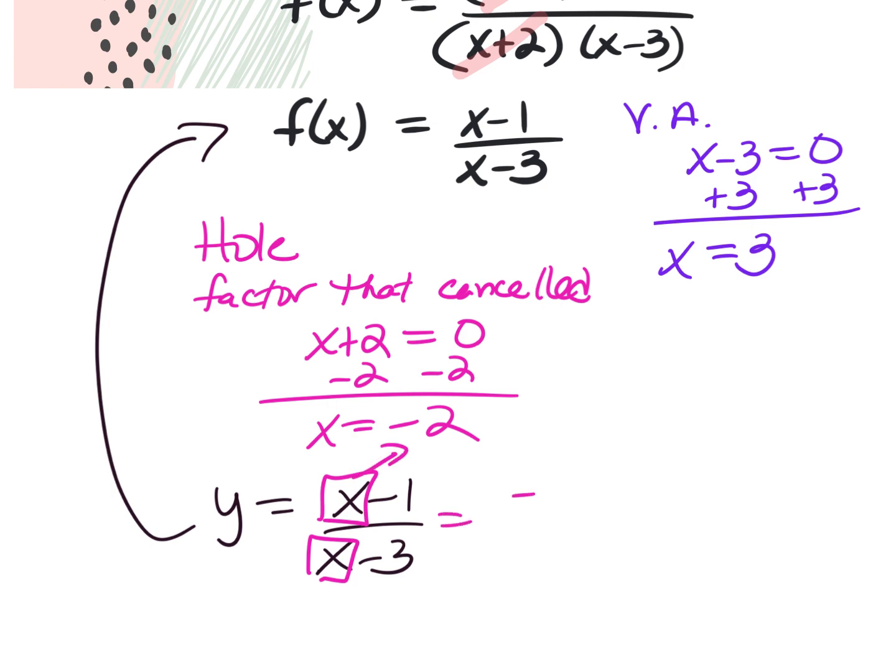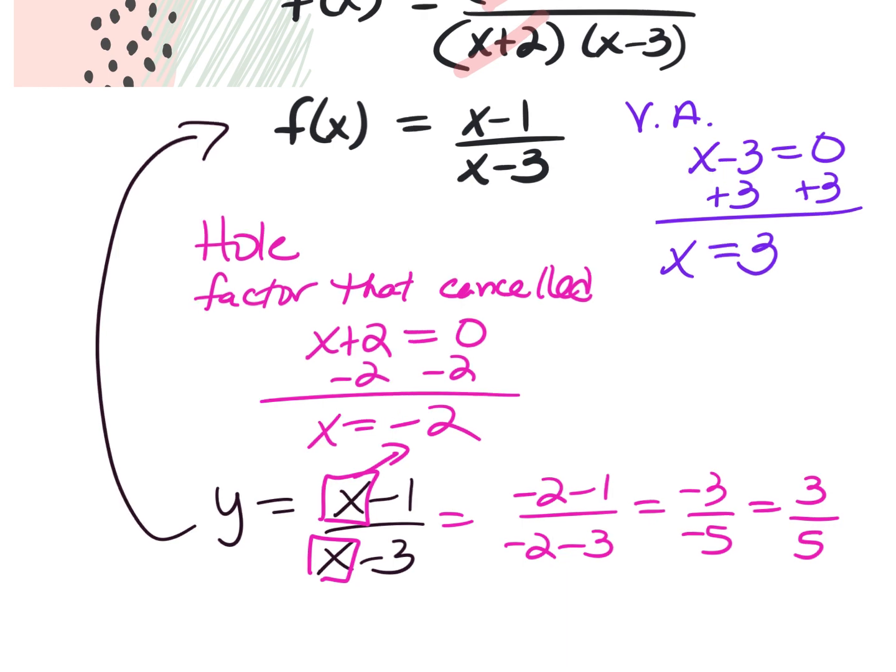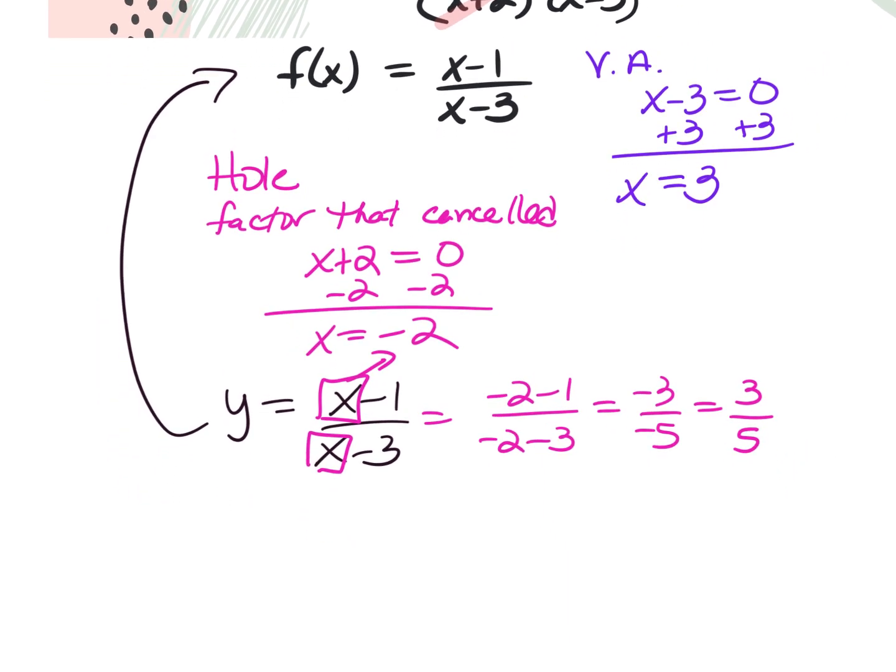So I'm going to do negative 2 minus 1, negative 2 minus 3, negative 3 over negative 5. Negative divided by a negative gives me positive 3/5. So my hole is located at the ordered pair negative 2, comma 3/5. So that is the ordered pair for the hole.